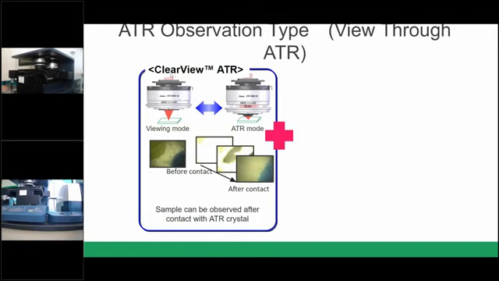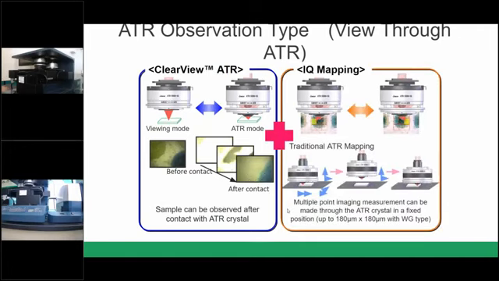In this feature, it's possible to look through the crystal when the measurement is made. So if we combine that capability with the IQ mapping, we can actually have the crystal in contact, move around the optics, and do the measurement without raising the crystal.